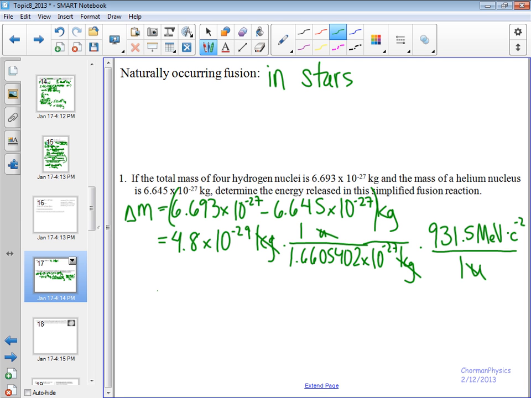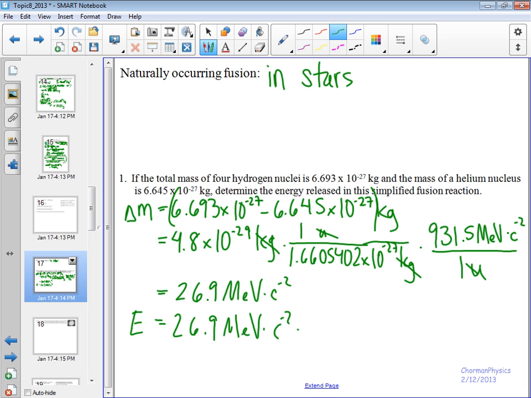So we end up reading 26.9 MeV per c squared. Then obviously, plug this into E equals mc squared, and those c squared terms cancel out nicely. We end up with this release of energy, which, compared to the mass of the substance, is quite a lot.